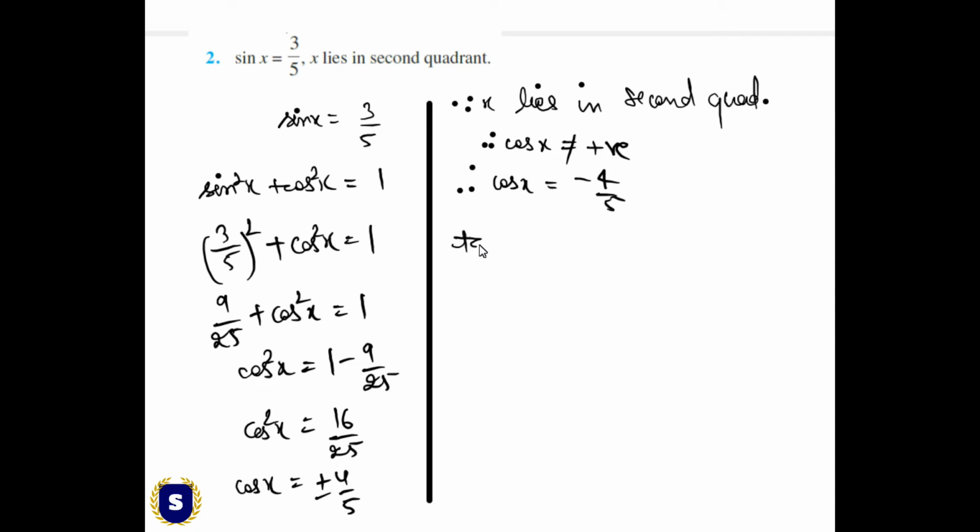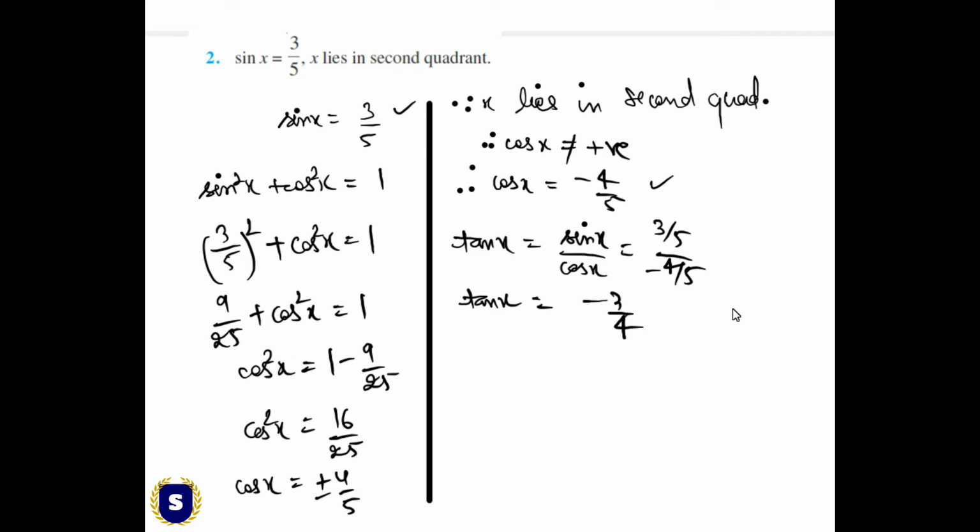So again we can calculate the value of tan x by taking the fraction sin x upon cos x. The value of sin x is 3 by 5 here, and the value of cos x we have got is minus 4 by 5. So ultimately we got the value of tan x as minus 3 by 4, because the 1 upon 5 and 1 upon 5 cancelled out each other.